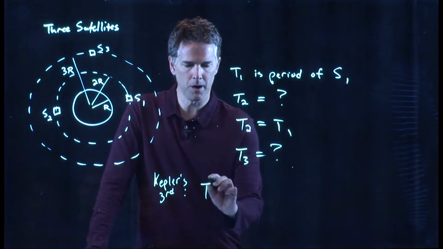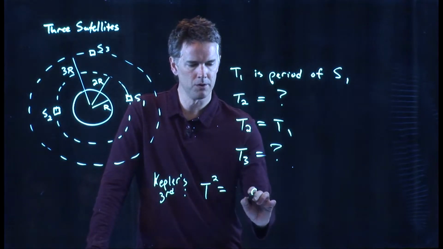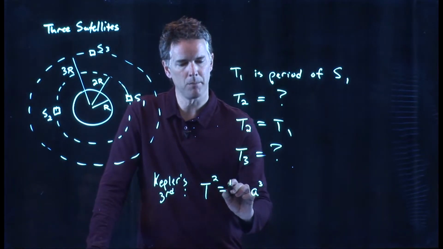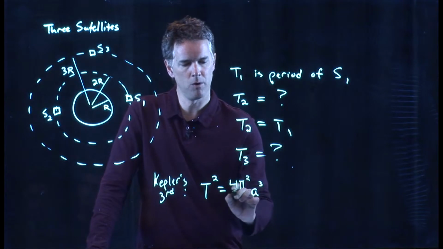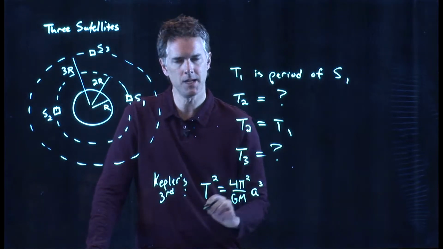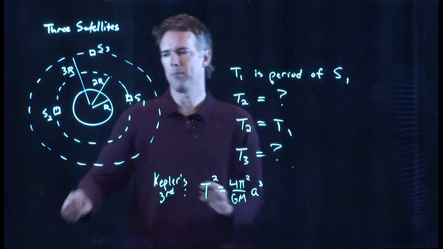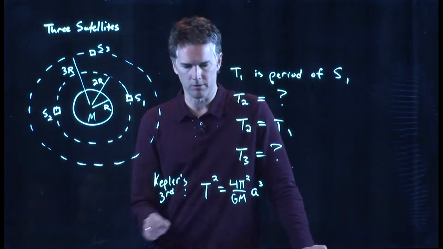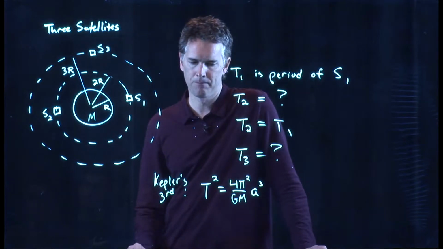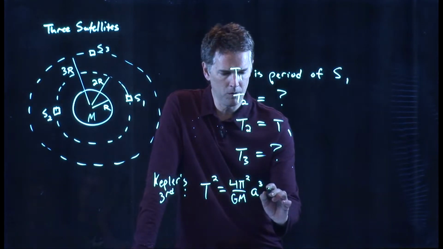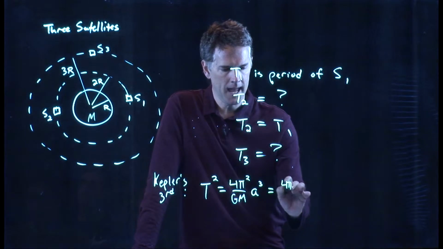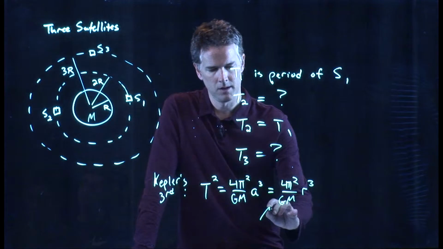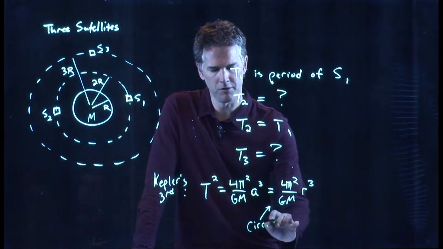The period squared is proportional to the semi-major axis cubed, where that proportionality constant is 4 pi squared divided by G capital M, where capital M is the mass of the planet or star that you're orbiting. So in this case, it would be the mass of the Earth. But if it's a circular orbit, then A is just the radius. Okay? That step is if it's a circular orbit.